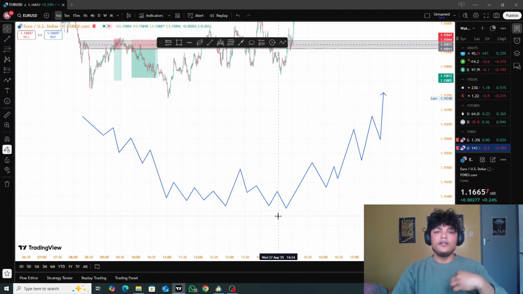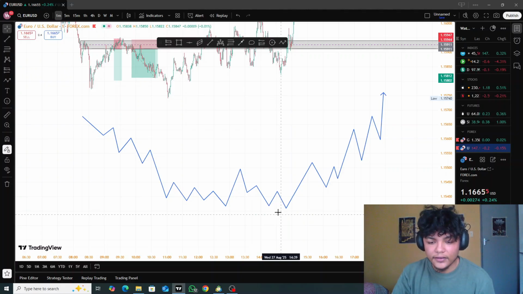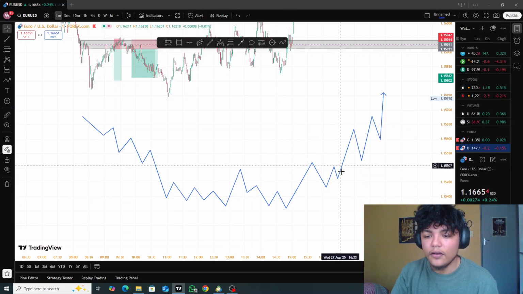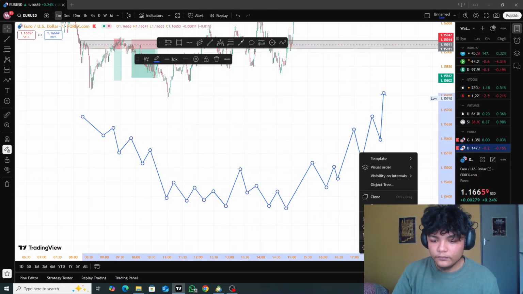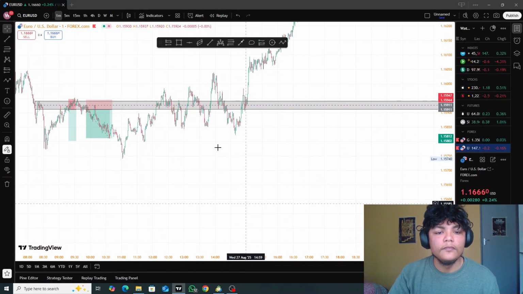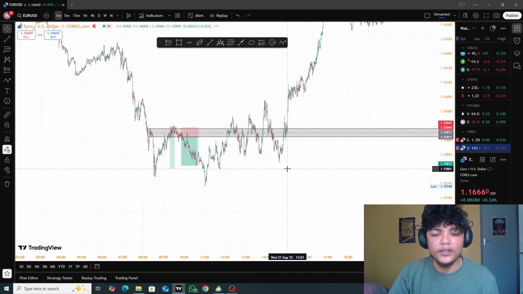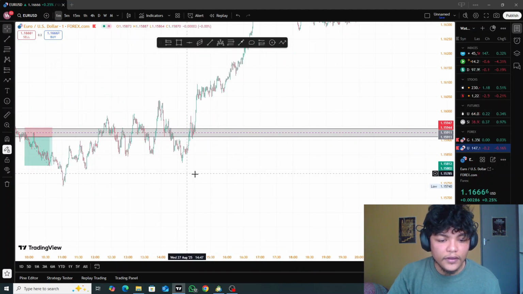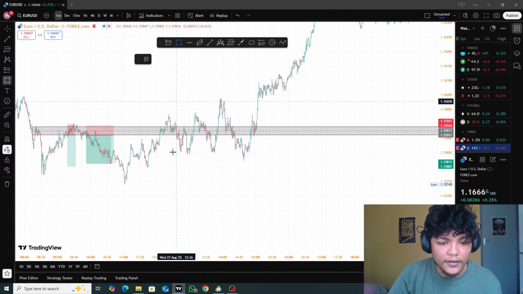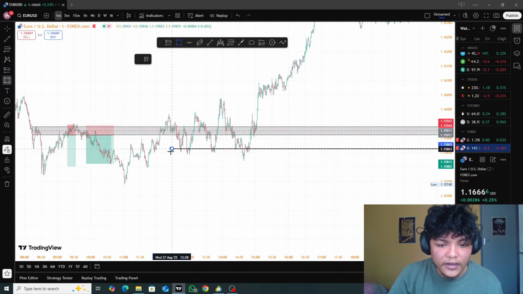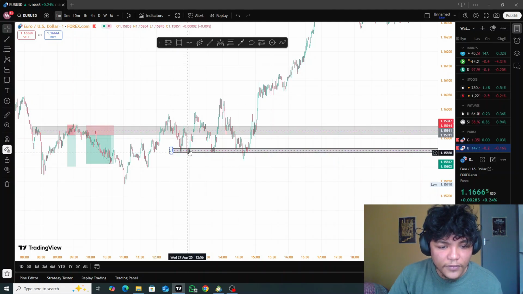Let the market tell you where it wants to go, where it's headed. So then it's going down, going up again. And there we go. That's it for liquidity. So here we have another liquidity. Here you can clearly see that's a support level. So every time the market comes to this level, it goes up.